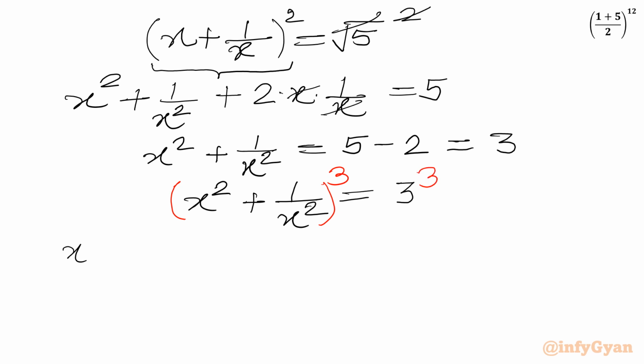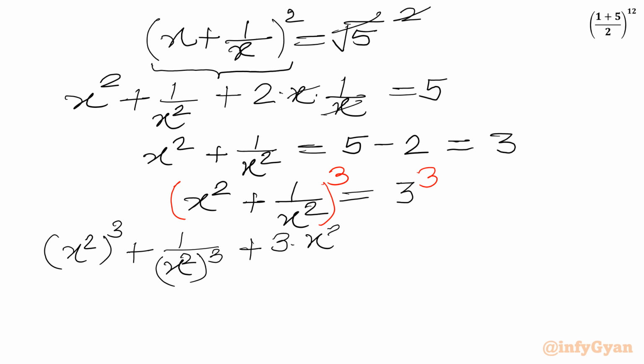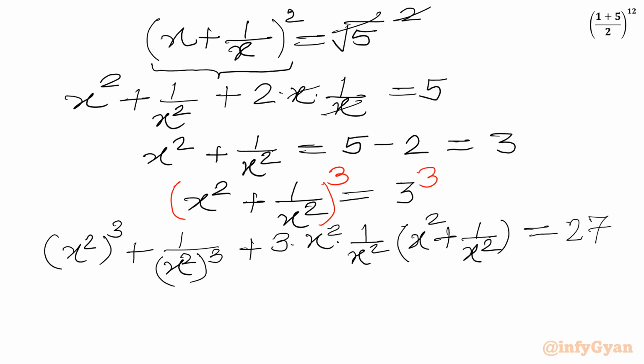So I can write (x square) whole cube, a cube, plus (1 over x square) whole cube, b cube, plus 3 times x square times 1 over x square times in the bracket (x square plus 1 over x square). 3 cube is 27. Now we can cancel x square with x square. And x square plus 1 over x square is 3.